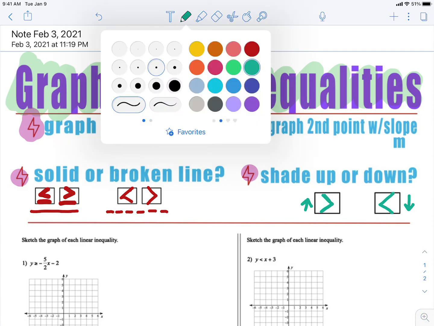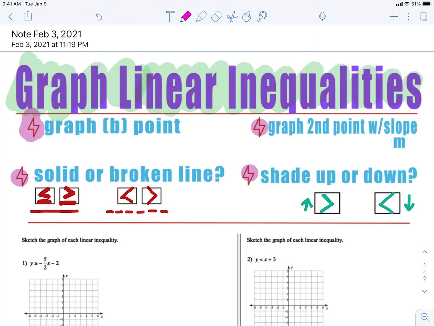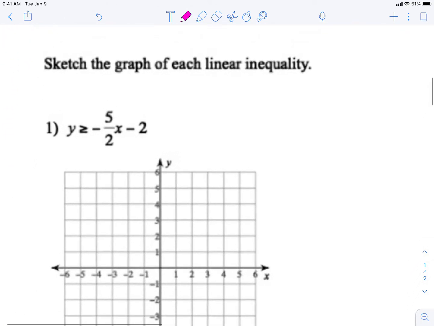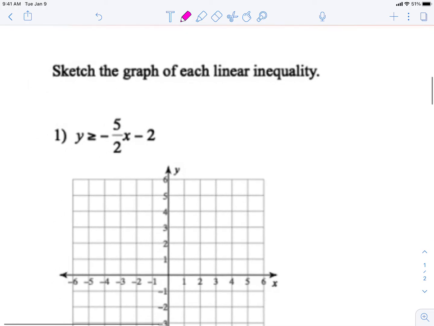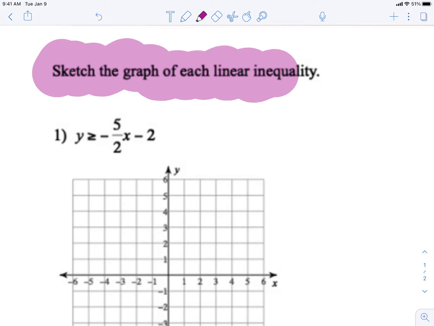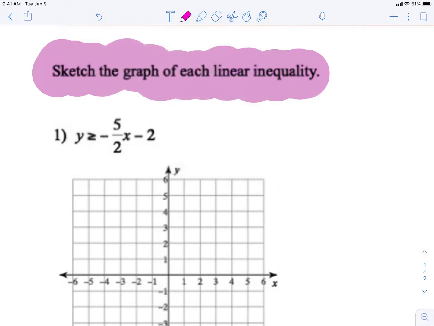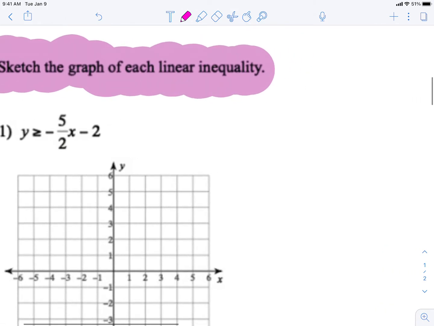So let's take a look and graph our first example. Always, always, always we read the instructions. The instructions say sketch the graph of each linear inequality. So we're going to sketch this graph. The first thing that I'm going to do is identify my b and my m.